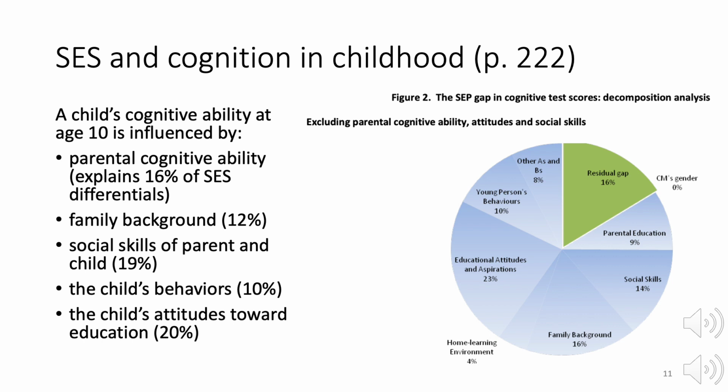If we were to exclude parental cognitive ability, attitudes, and social skills, which is the ongoing interaction between the parent and the child, there would still be substantial influence of parental education and family background.